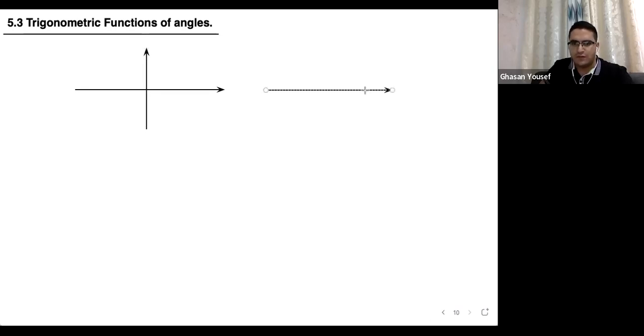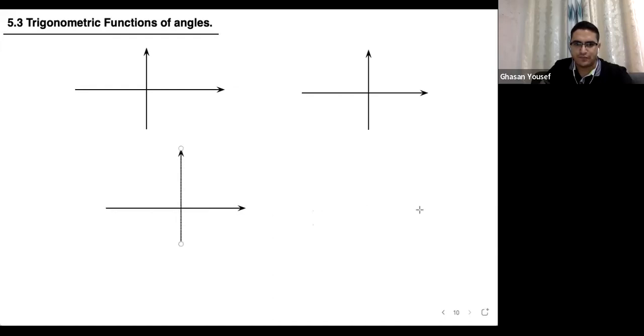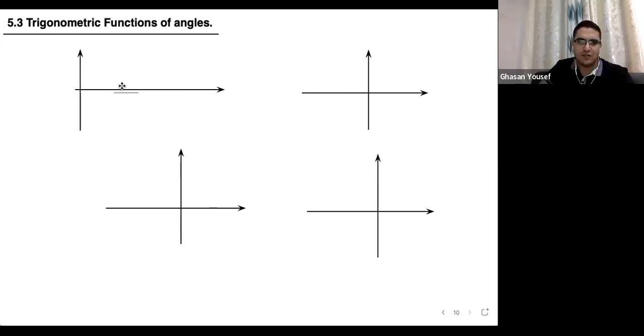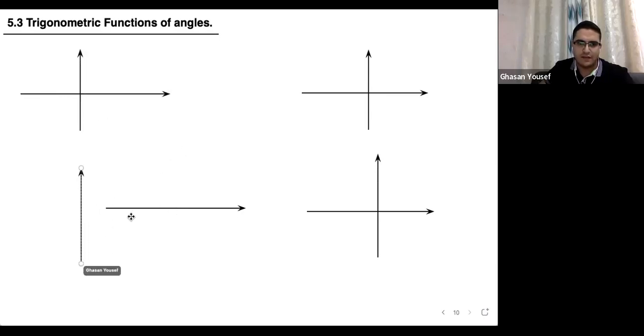So first of all, we should know how to graph the angle 0. Here is the angle 90 degrees. Here is the angle 180. Here is the angle of 270. Let me make a space for the last one in this slide.